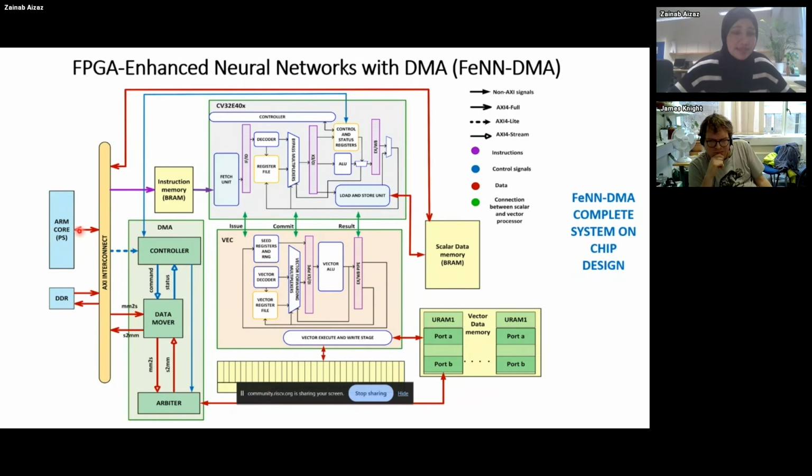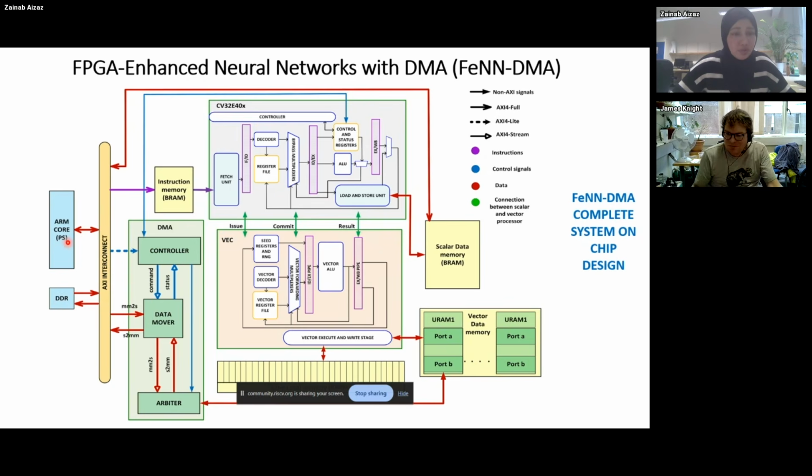I can explain it starting from the left side: this ARM core is the processing system that throws the software on to the programmable logic side. Whatever is on the right side of the AXI interconnect is the programmable hardware, built on the programmable logic, and custom designed. This DDR is also on the PS side.